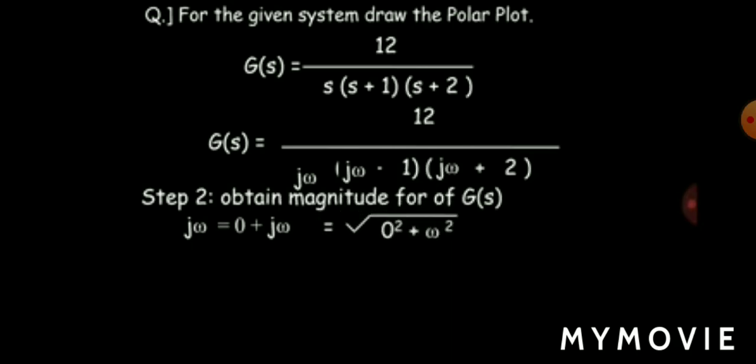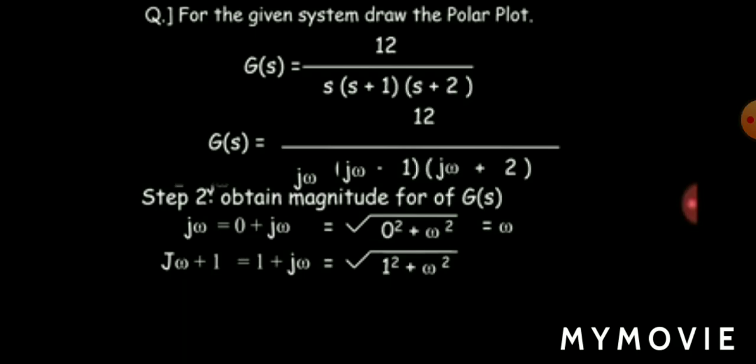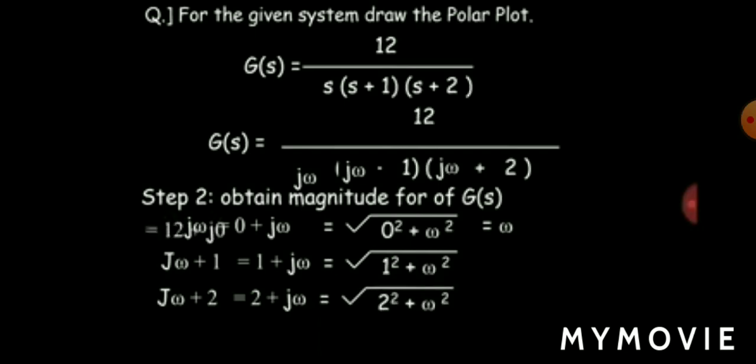Similarly, the denominator part, that is j omega: 0 plus j omega, which equals the root of 0 square plus omega square. The root and square will get cancelled, so omega will remain. Then j omega plus 1, that is 1 plus j omega, so the root of 1 square plus omega square. Further you cannot calculate. The next simple pole, j omega plus 2, gives the root of 2 square plus omega square.